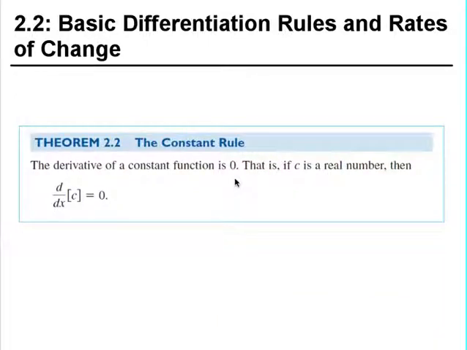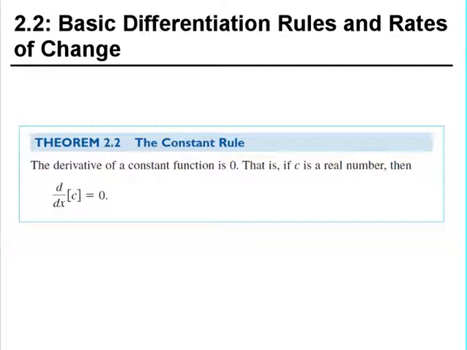If you remember back to what we talked about Friday, what was the meaning of a derivative, or what did it symbolize? A derivative is the slope of a tangent line to a graph at a specific point.